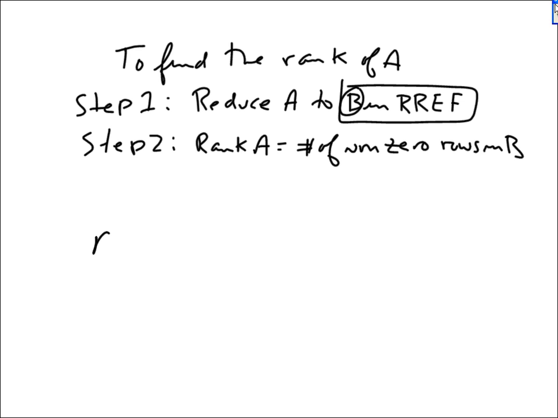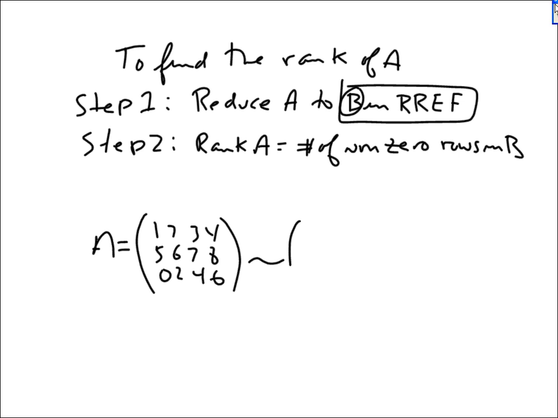In other words, make believe this is true. If A is 1, 2, 3, 4, 5, 6, 7, 8, 0, 2, 4, 6, and it reduces to the following matrix: 1, 2, 0, 0, 0, 0, 0, 0, 0, 0, 0, 1.